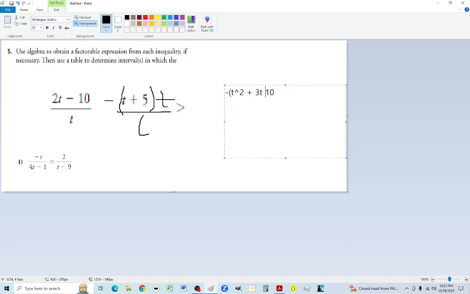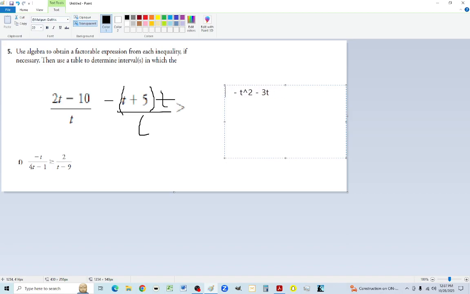This one I might want to do again because I don't think I got it right. Yeah, I'm sure I didn't get it right, so let's try that again. So it's 2t minus 10 on the left, and on the right, I get minus t squared minus 5t. Okay, so that makes minus 3t total.